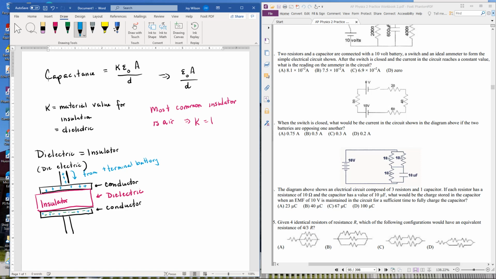They have them in about equal amounts, and so our conductor starts neutral, but as the battery starts to push charges onto the top plate, the little positive charges on the bottom plate feel the field that goes through the insulator, because the field goes through the insulator but no charges do. No charges go through the insulator. So really don't mess that one up. Just the field goes through. You can just feel the field.